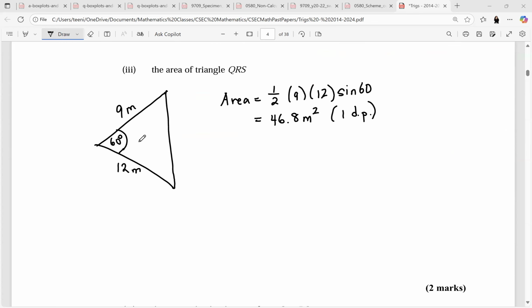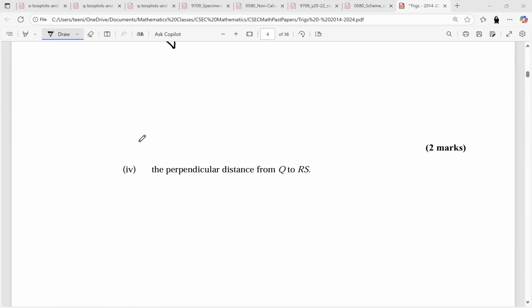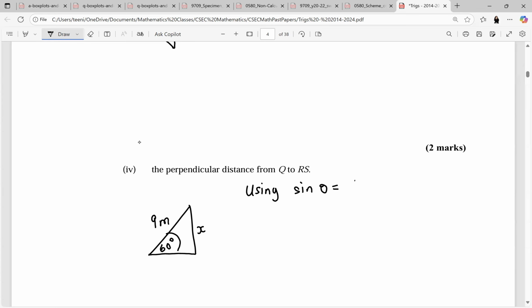So I'm drawing the triangle in here. This side is 9 meters, and this angle here is 60 degrees. We need to find this side here, let's call it x. Using sine, sine theta equals opposite over hypotenuse.